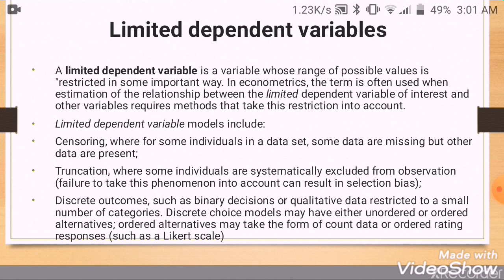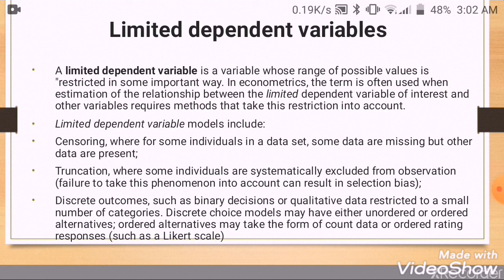Limited dependent variable models include censoring, where for some individuals in the data set some data are missing but other data are present; truncation, where some individuals are systematically excluded from the observation; and discrete outcomes, such as binary decisions or qualitative data restricted to a small number of categories.